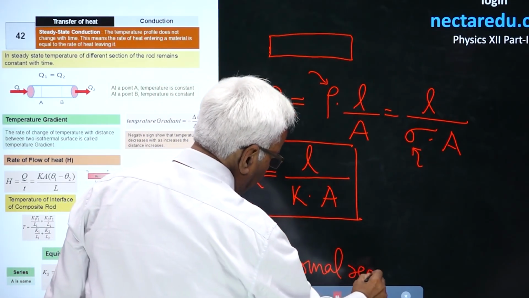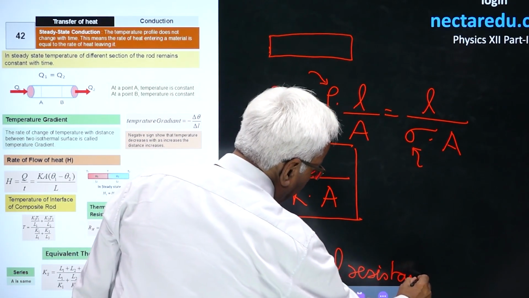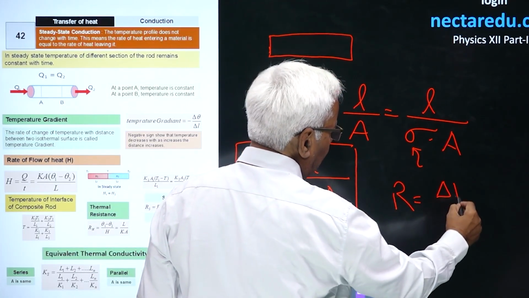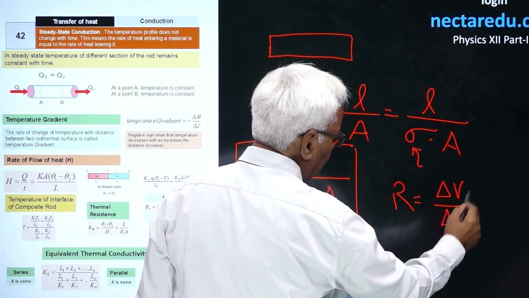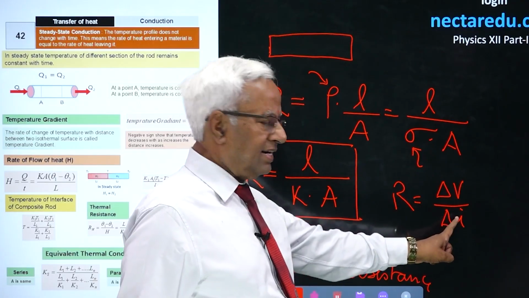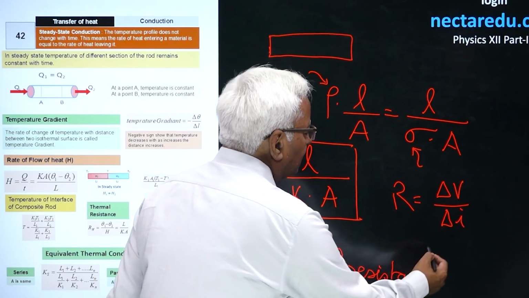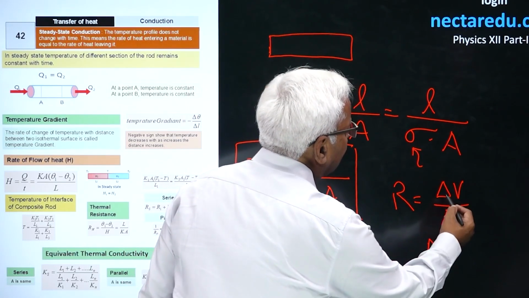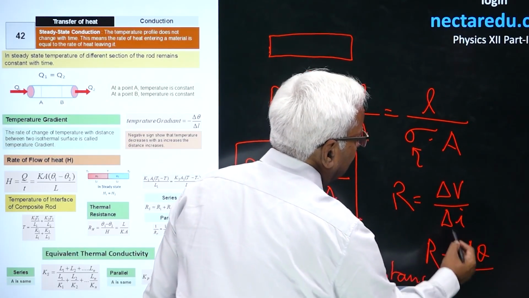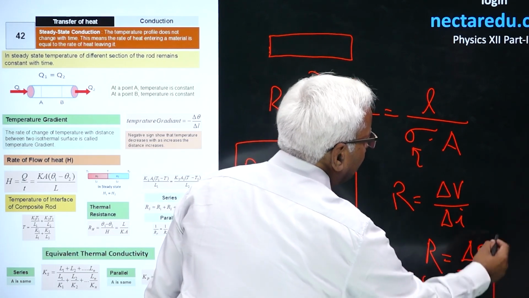But we have to remember that thermal resistance in electricity is defined by potential difference upon current. Normally, we don't write delta I. This is mostly written as I itself. But here in case of thermal current, in place of potential difference, we are going to use delta theta, and in this place, we are going to use the thermal current.